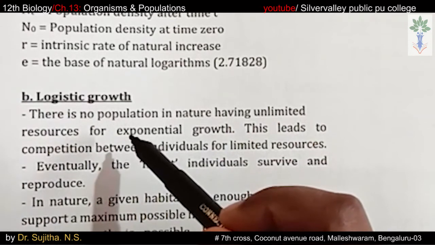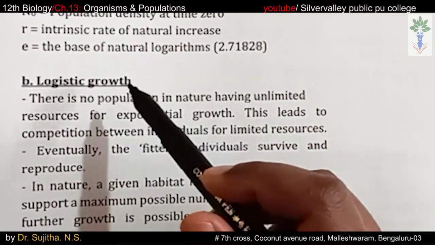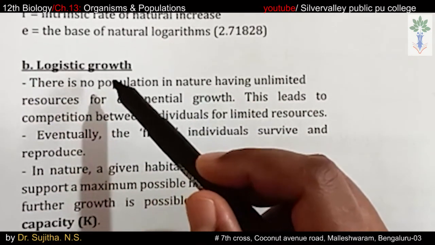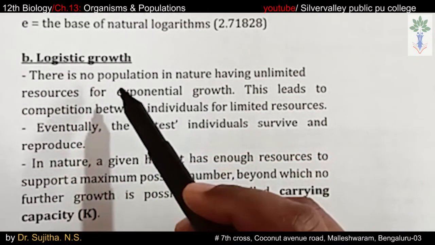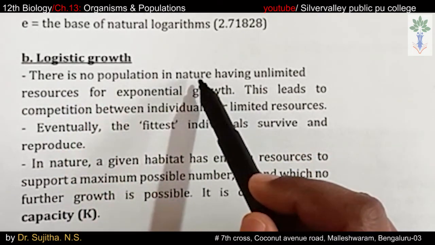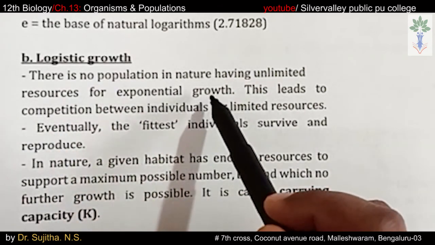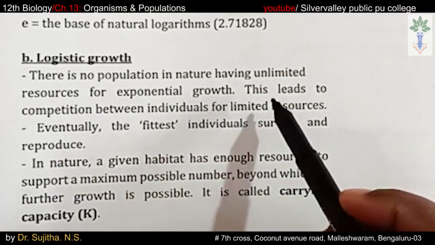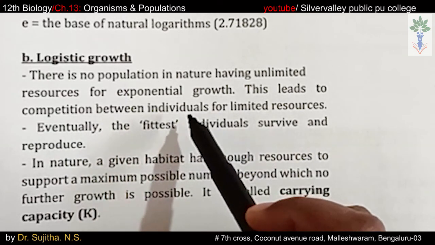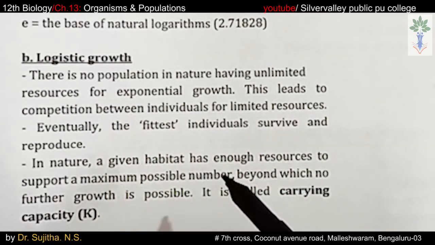And the next population growth model we are going to study is the logistic growth model. Ideally, there is no population in nature which has unlimited resources for exponential growth, which leads to competition between the individuals for the limited resources.